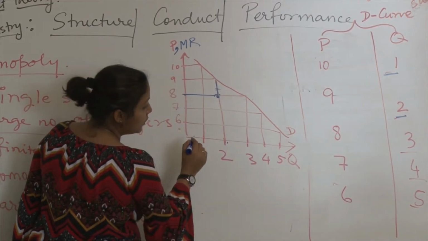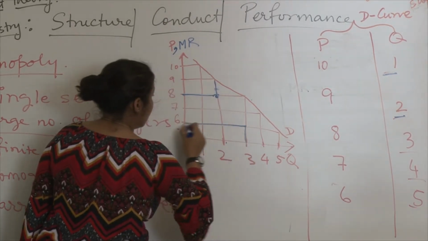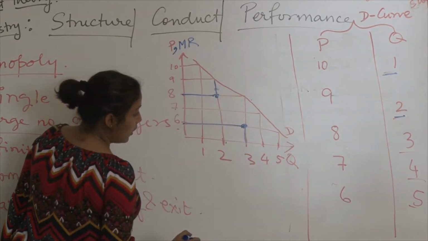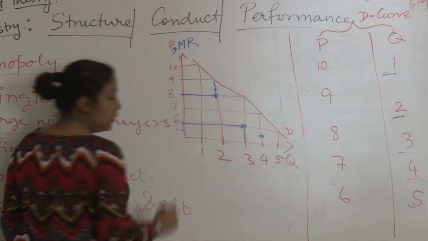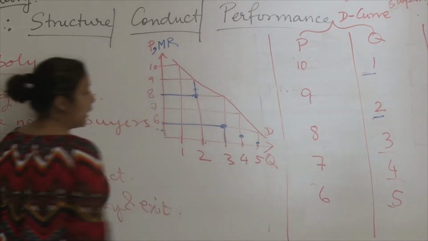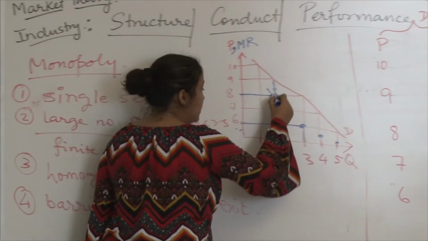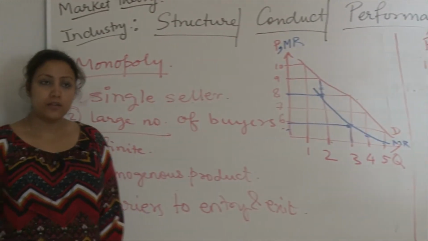For the third unit, it will be here. For the fourth unit, it will be at 4, so it will be even lower. And for the fifth unit, it will be even lower, somewhere at 2, right?